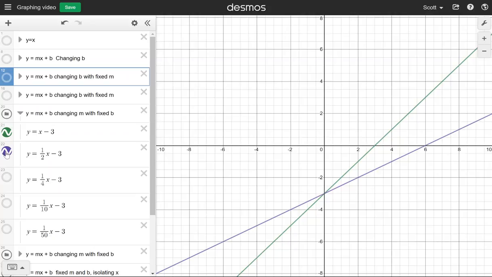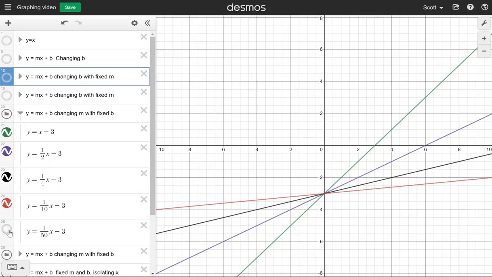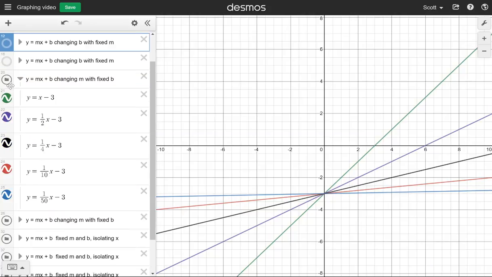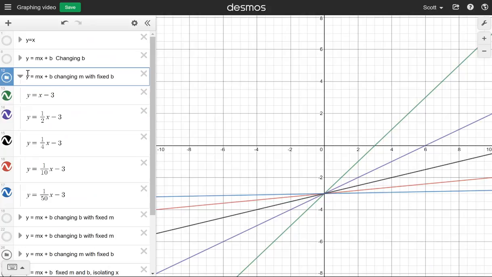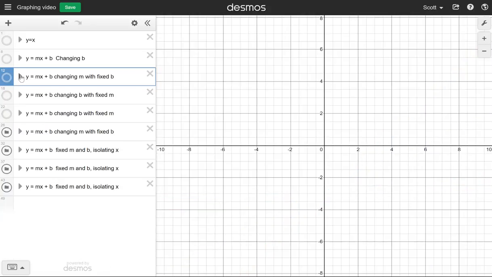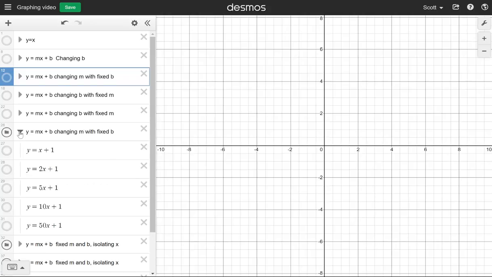A slope of 1/2, y-intercept of negative 3, 1/4, 1/10, and 1/50 for a slope. Again, how can we be very specific when we talk about these numbers? If you have any questions, I'll be available when you are working later on.